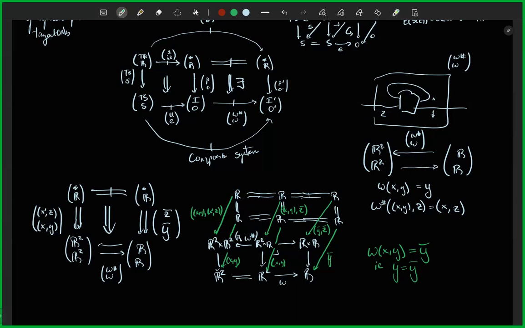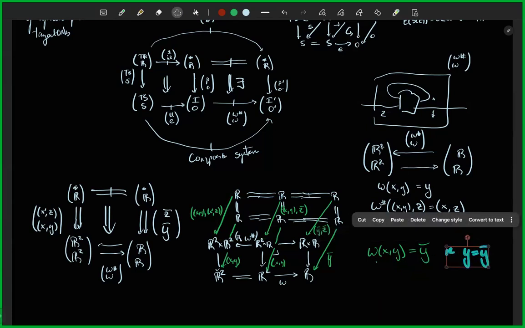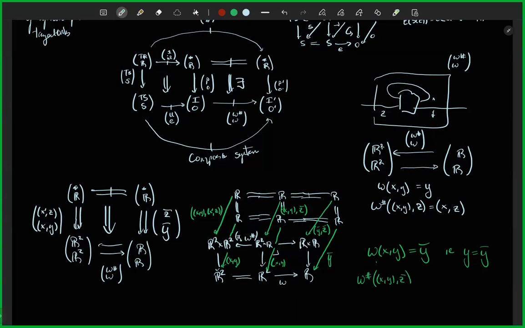And that second equation, we would write this guy over. The second equation, as you can see, says that W sharp of x, y, z bar, looking at just the second component, is equal to x prime, z.